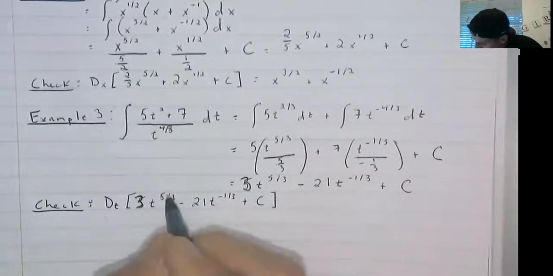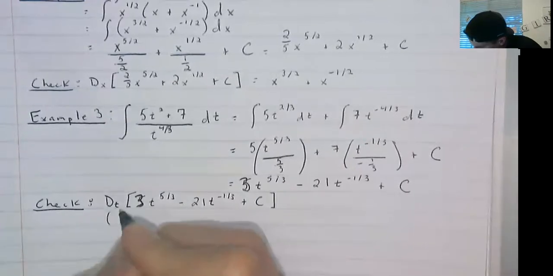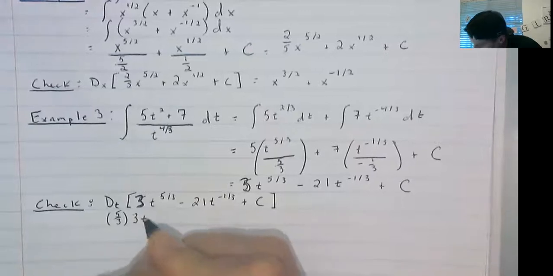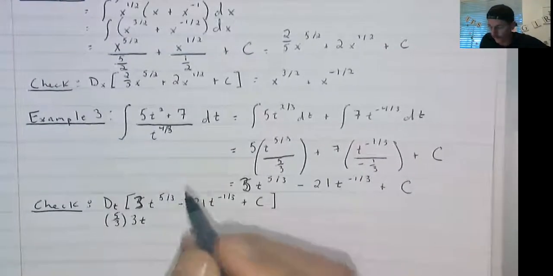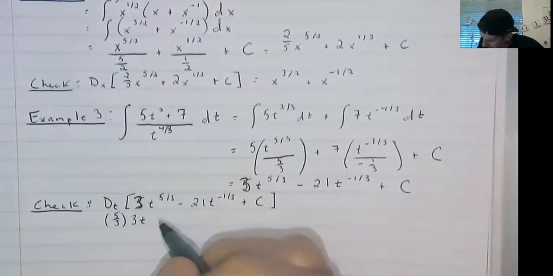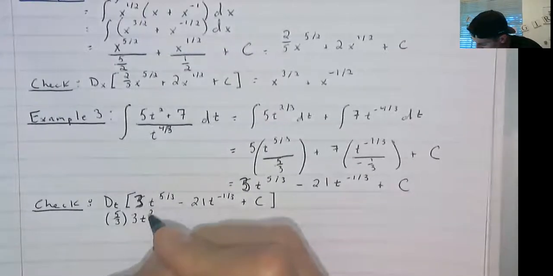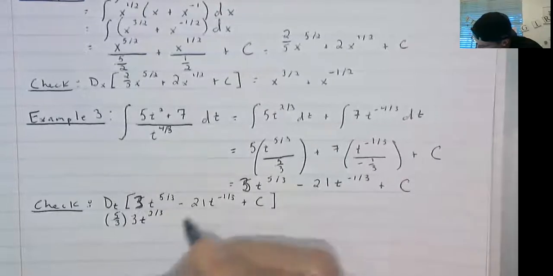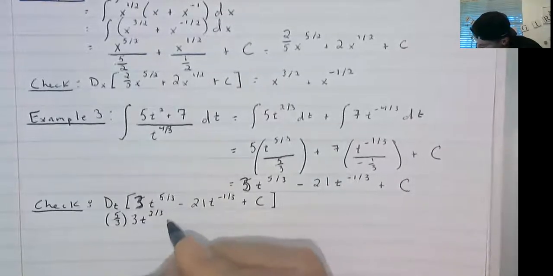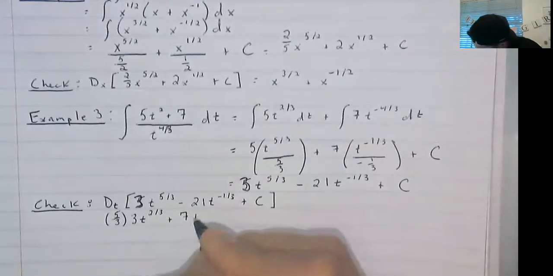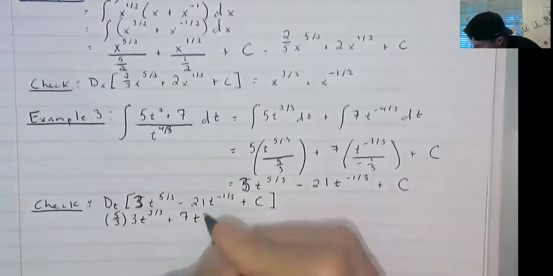So what we end up with is drop down this exponent. We get 5/3 times 3t, subtracting 1 from this gives us 2/3. Pulling this down, we get positive 7 t to the -4/3.